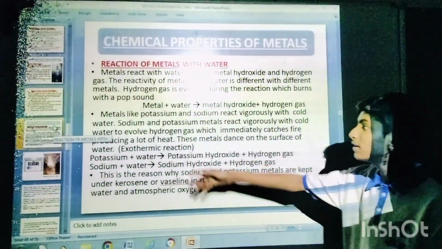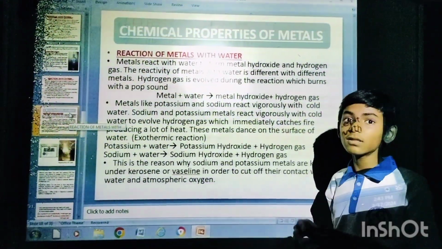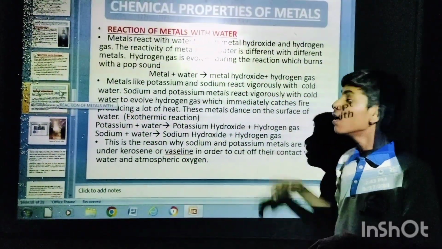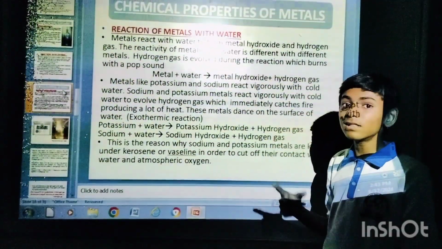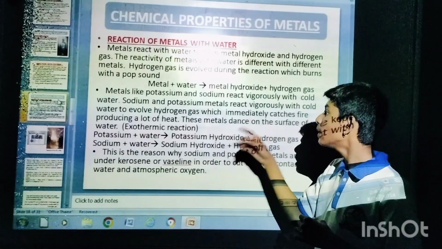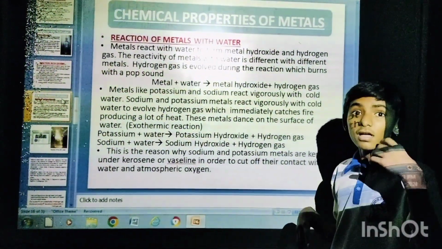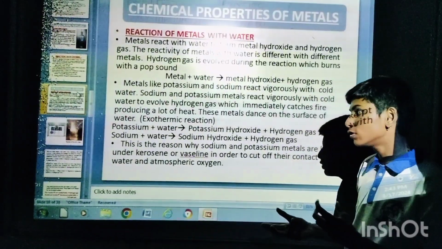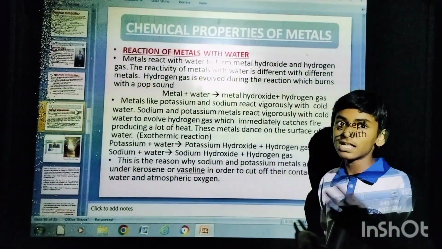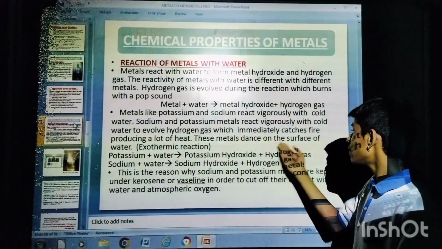The metals which react with cold water produce hydroxides, whereas with hot water they produce hydrogen gas, which is dangerous and catches fire with a lot of heat.